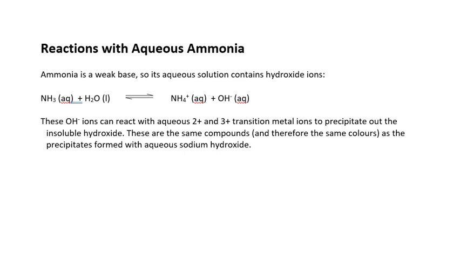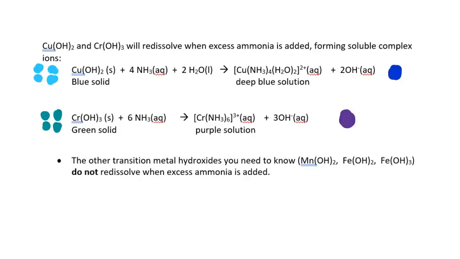With small amounts of ammonia, you get the hydroxide precipitating out, but for some, though not all, transition element ions, those precipitates will redissolve in excess ammonia to form complexes with ammonia as a ligand. And we've already met those, but you just now have this slightly more complicated story that there's this sort of two-stage process. First, you form the hydroxide precipitate, and then when you add excess ammonia, you get the complex ions. So let's just remind you of those.